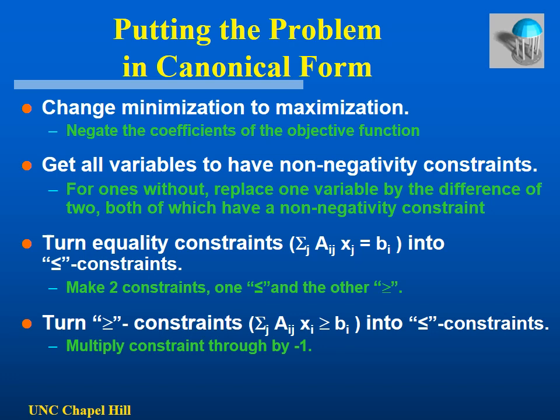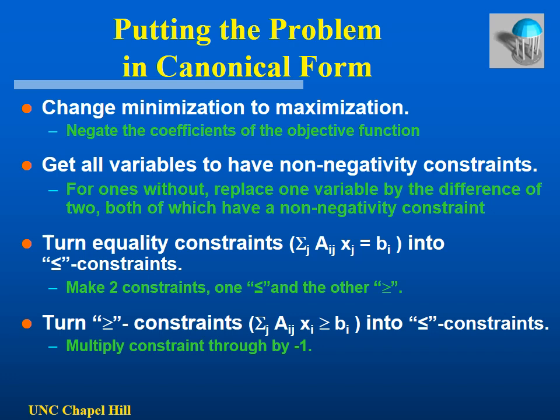We said we were concerned with equality constraints, and we really only want inequality constraints. But equality is the combination of something being less than or equal to the specified value and greater than or equal to the specified value. And so if we have a constraint of the form a sub i transpose x equals b sub i, we create two constraints that replace the old constraint.